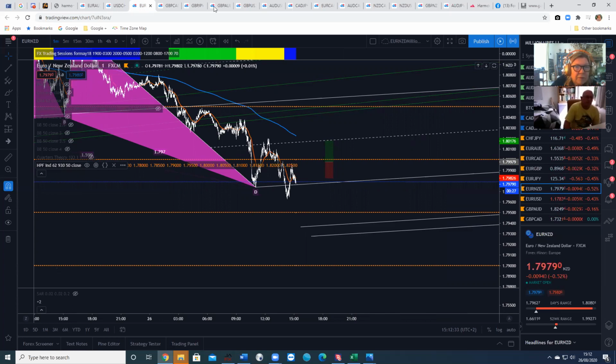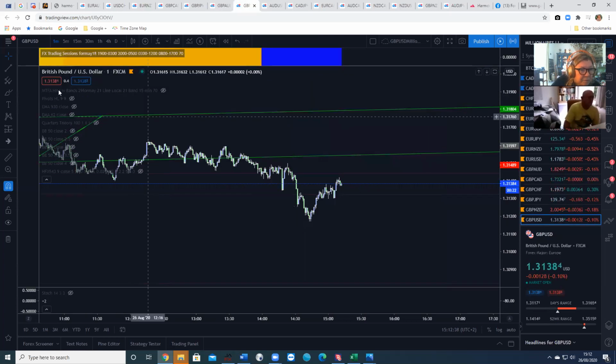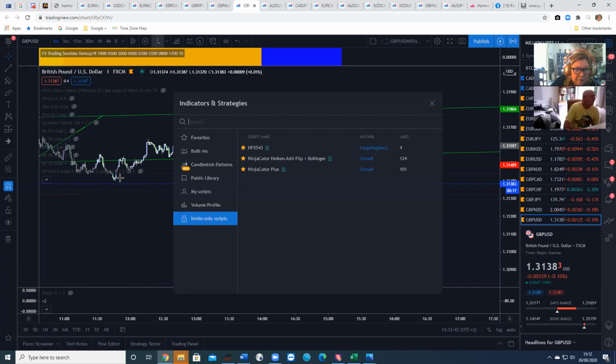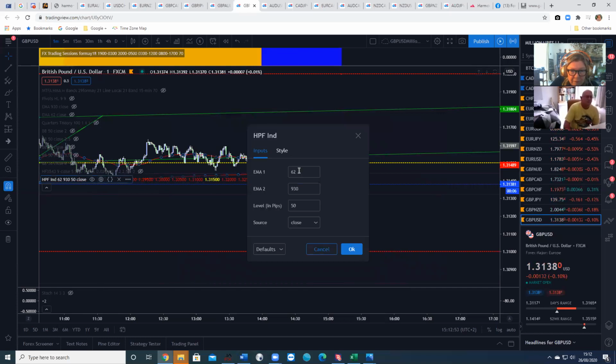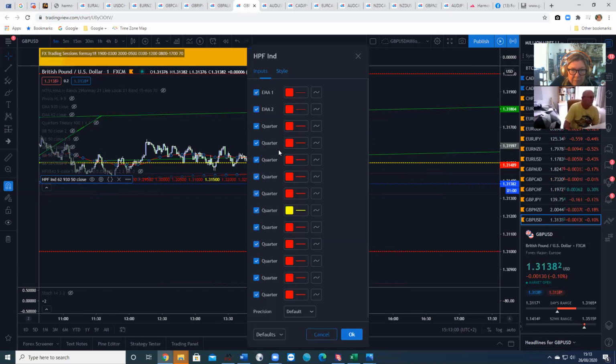HPF. So go up to indicators, HPF, that one. And here it is here, go to settings, leave that. That's the 1 minute trend, and the 930 is the 15-minute.